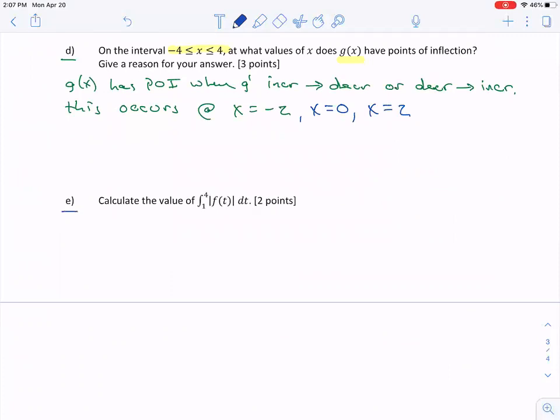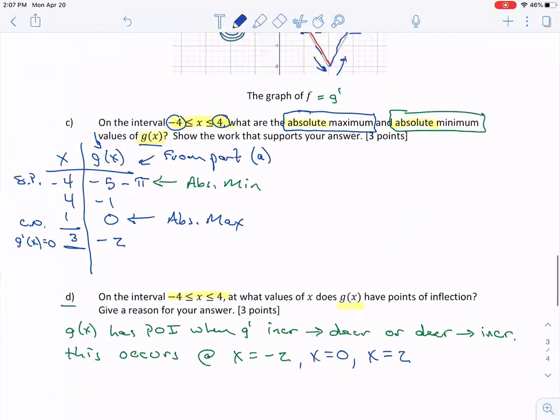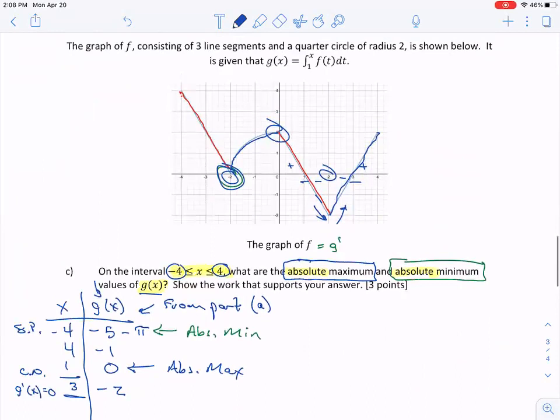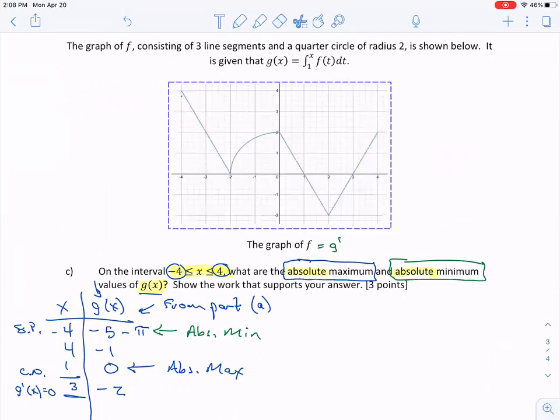And last part, calculate the value of the definite integral from 1 to 4 of the absolute value of f of t dt. All right. Well, the easiest way to look at this, there could be a couple ways you could look at it. I'm just going to bring this graph.